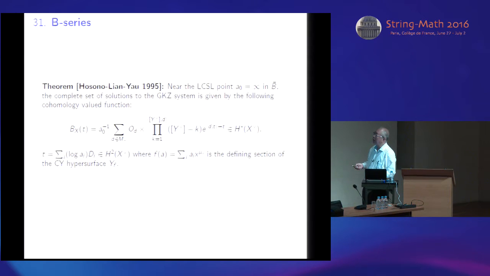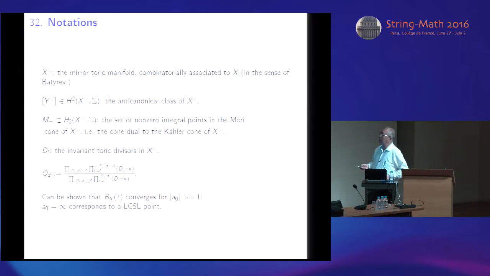So we are summing over M plus in the Mori cone, and Y hat is the anti-canonical divisor in X hat. Now d belongs to M plus in the Mori cone, and so we have d paired with t. t is in the second cohomology, so you can pair it. And that's omega_d. So what is omega_d? omega_d is defined by this. D_i are the invariant toric divisors in X hat, and you put up this slightly complicated formula.